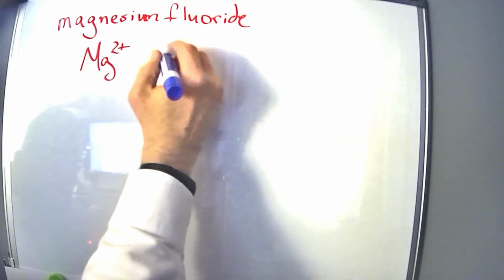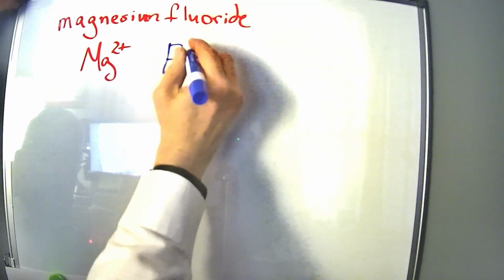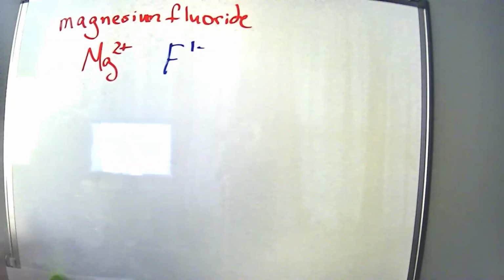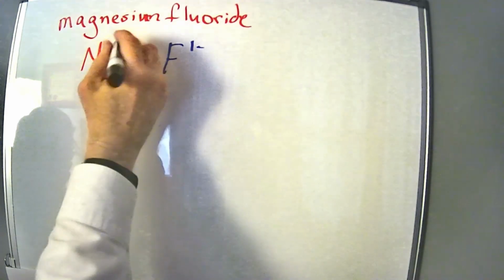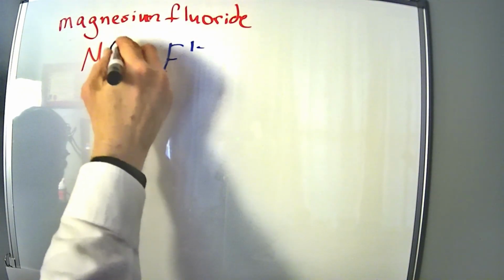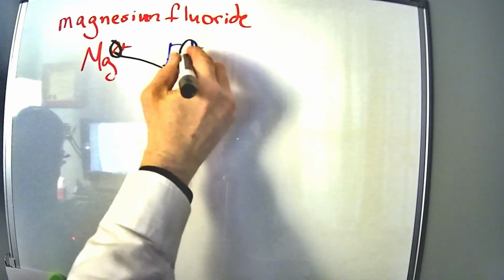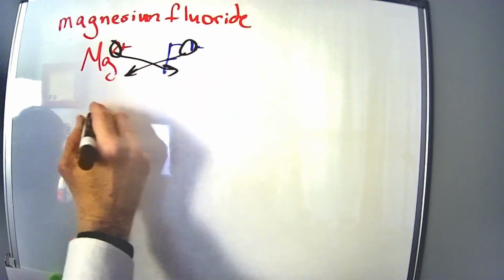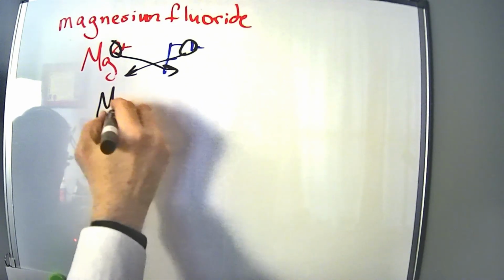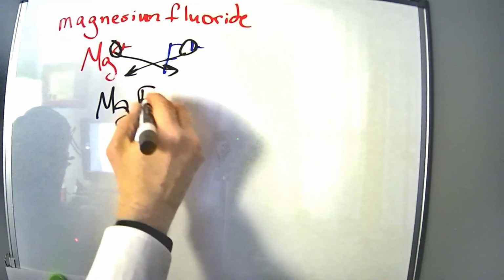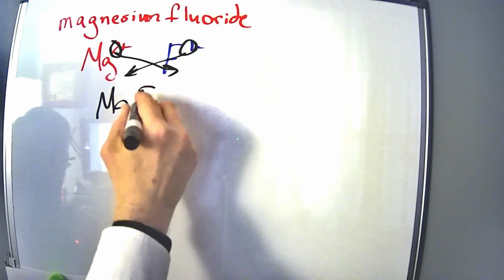Fluoride is an F with a 1 minus charge. So I'm going to use a 2 as the subscript for the fluorine, or for the fluoride, and a 1 as my understood subscript for magnesium. So MgF2.